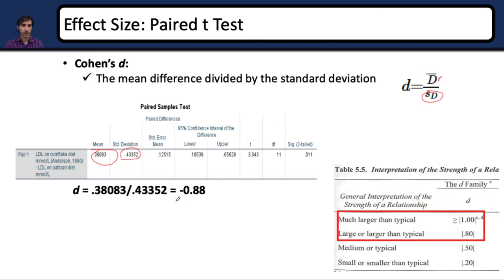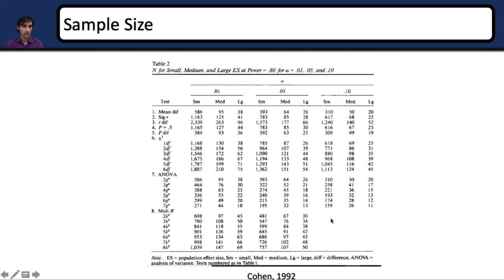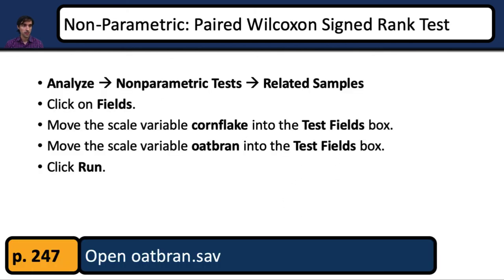So this right here. And what we calculate is negative 0.88. So that is pretty darn strong. So what this is telling us is that we have a pretty strong relationship between the difference that we found within our study. There it is, our sample size.